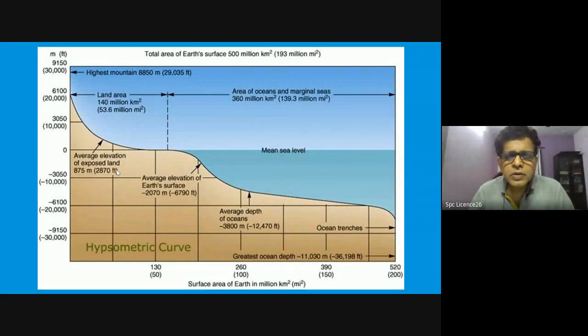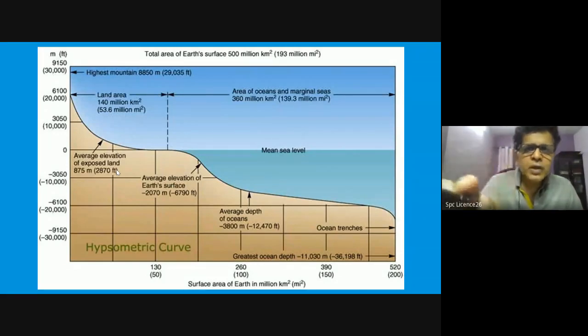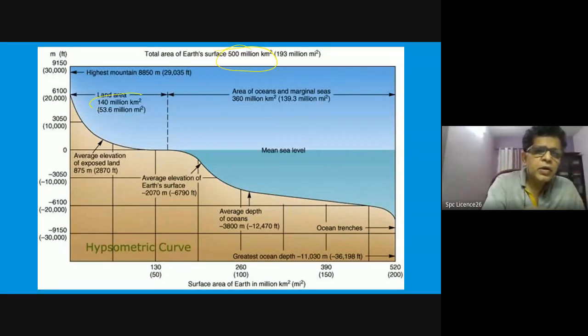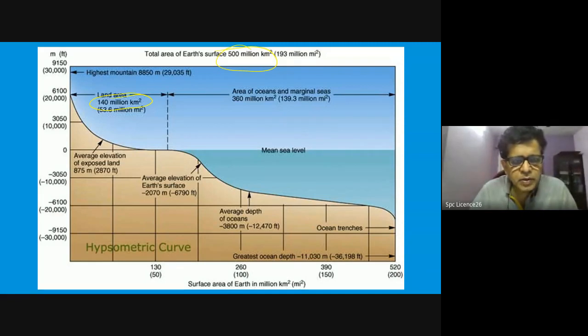All we have to do is just revise it once again. 500 million square kilometers is the total area of the surface of this planet. Of this, land area is around 140 million square kilometers. And the ocean areas are around 360 million square kilometers as such.